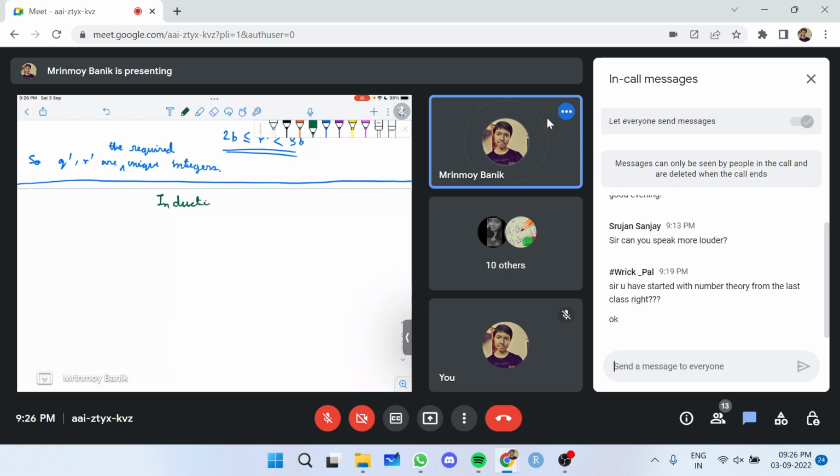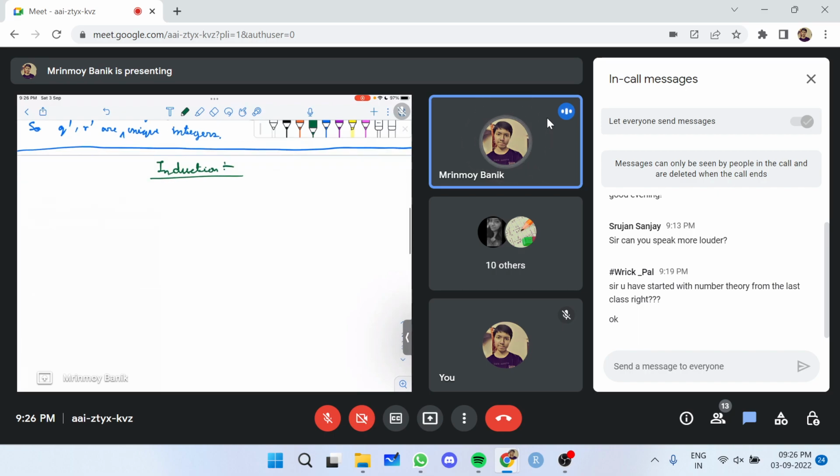So does anyone of you have any idea what induction is? I'm sure you must have heard it. Whenever you read a proof, they assume there is a base case which is true, and whenever n is true, then n plus 1 is true. First they claim something and then they try to prove it.